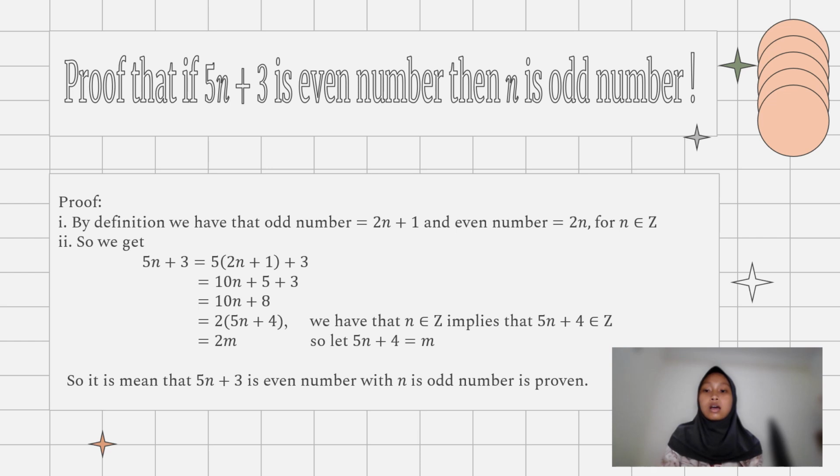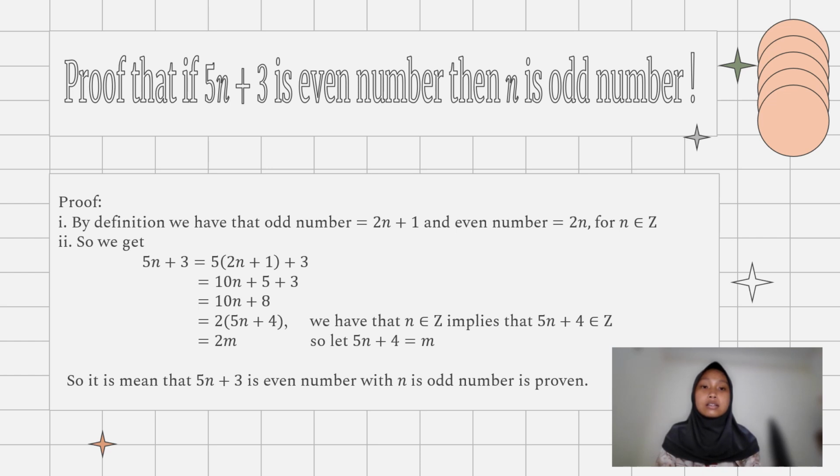So we get 5n plus 3 equal to 5 times (2n plus 1) plus 3 equal to 10n plus 5 plus 3 equal to 10n plus 8 equal to 2 times (5n plus 4).